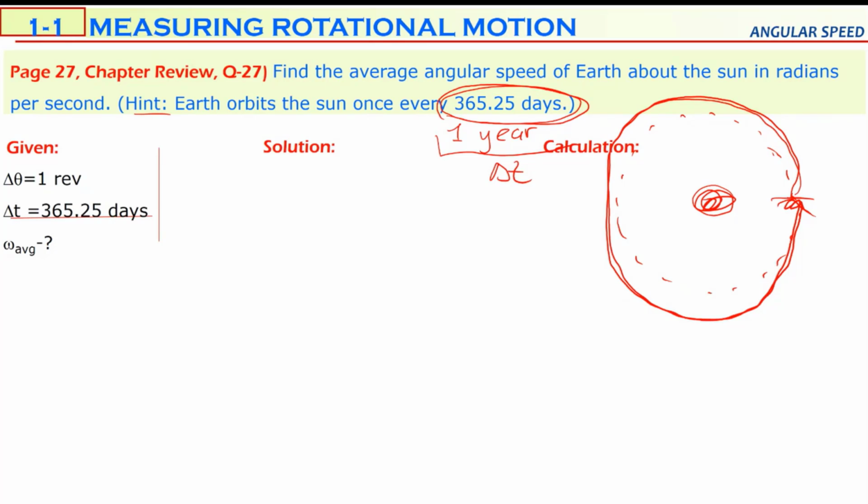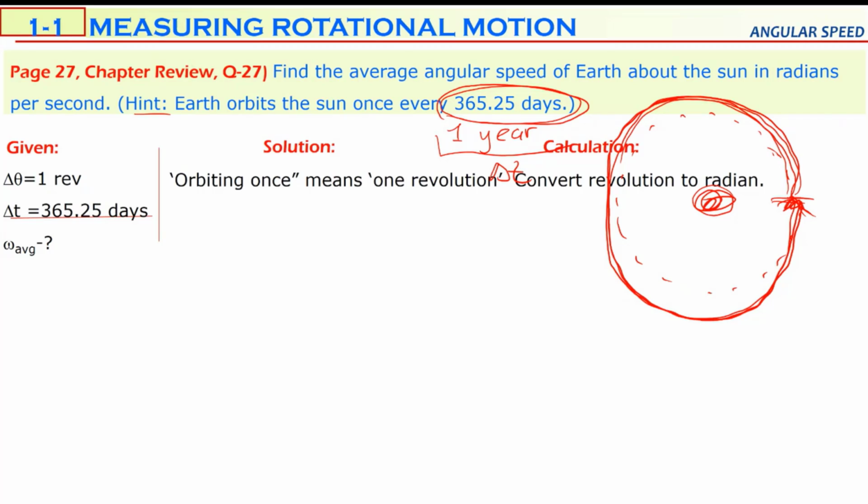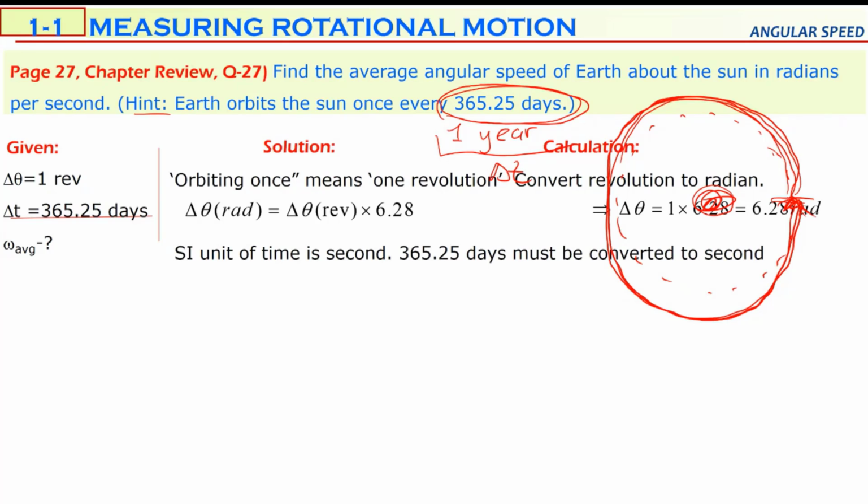But what is one revolution equal to in terms of angular displacement? Orbiting once means one revolution, and we know that one revolution is equal to 6.28 radians. Your angular displacement, delta theta, is 6.28 radian.